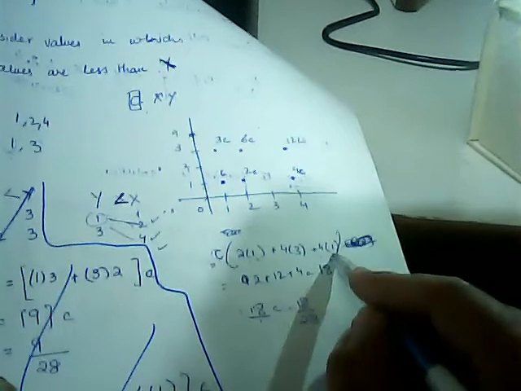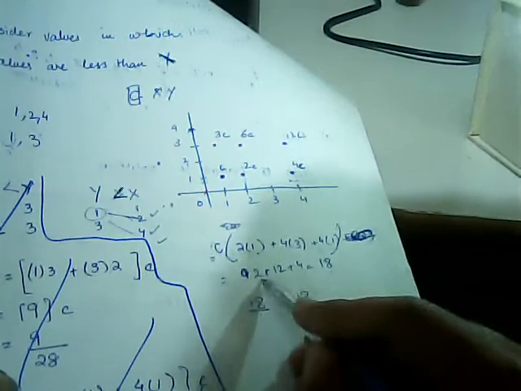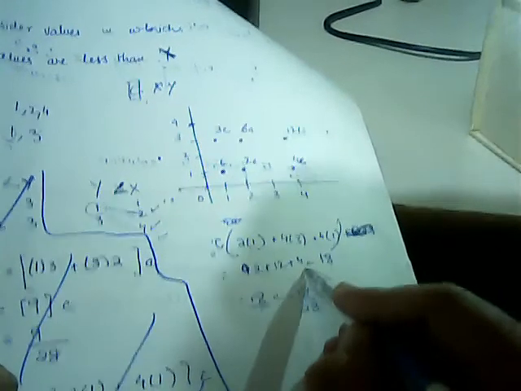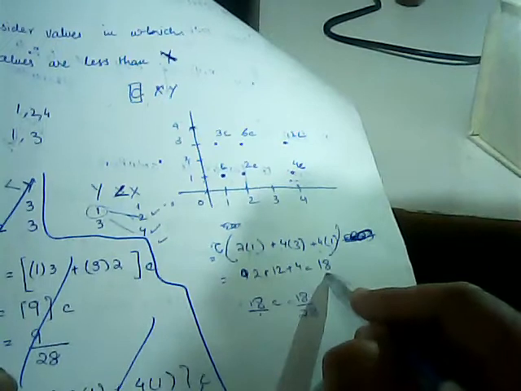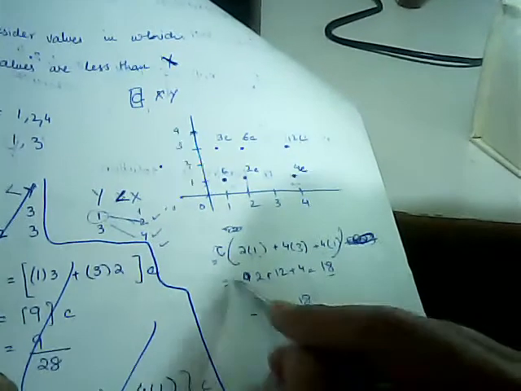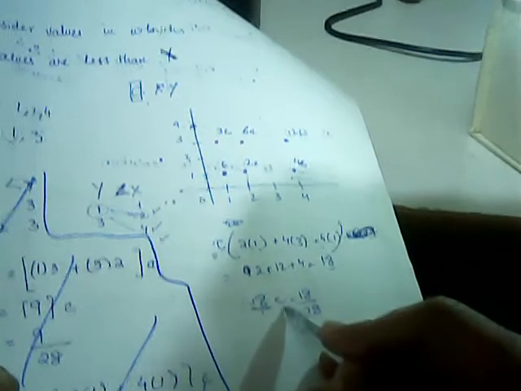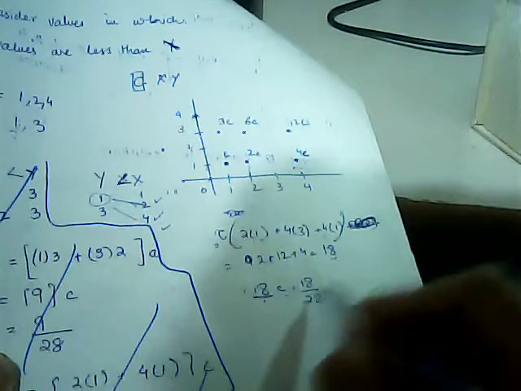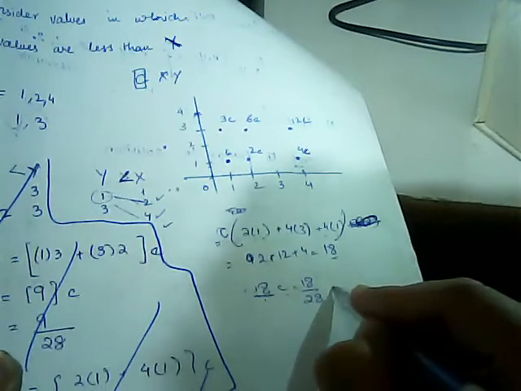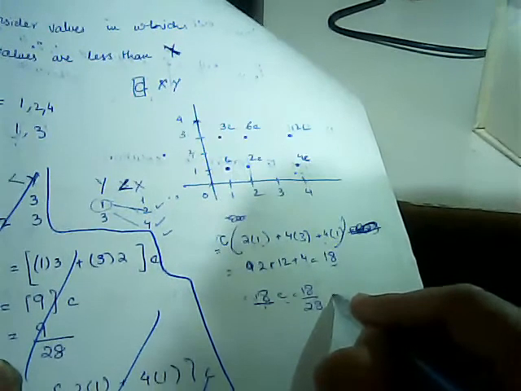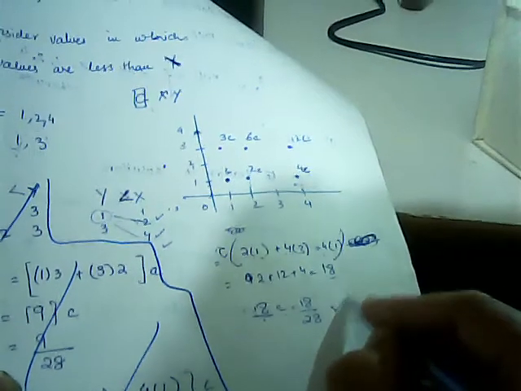Then we multiply and add them, and we get 18. 18 is subsequently multiplied with C, and C we found to be 1 over 28. So hence it is our answer, 18 over 28.